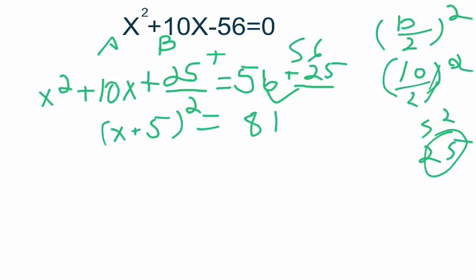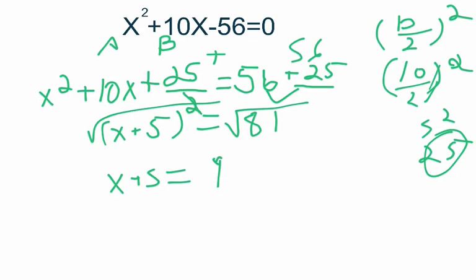Since you have to get the x on its own, you have to get rid of the square. To do so, you can just take the square root of both sides, which brings you to x plus 5, because it cancels out the square here, equals 9, since 9 times 9 is 81, so that'll be the square root. So x plus 5 equals 9. Since it is a square root, it's not only 9, but plus or minus 9.